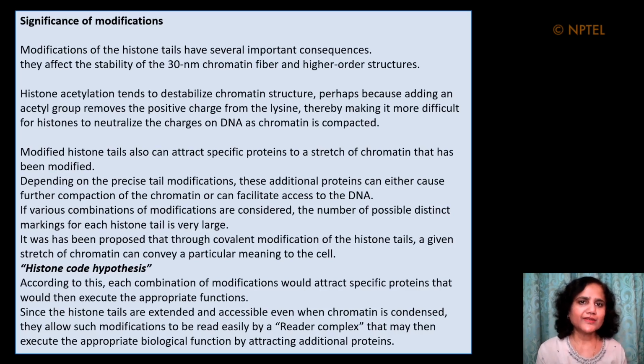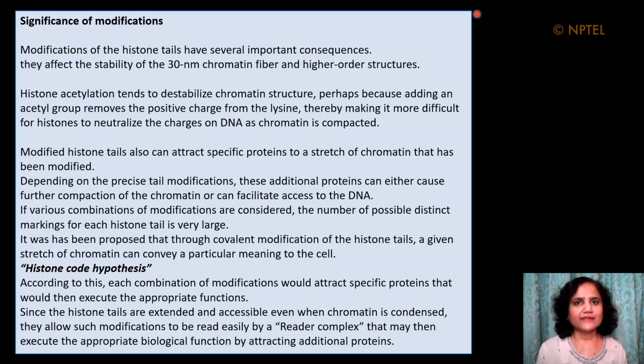Now the modifications of the histone tails have several important consequences. Of course, adding a new group can change the biochemical nature of that region of a polypeptide. These modifications can actually affect the stability of the 30 nanometer chromatin fiber and also the higher order structures that are formed.